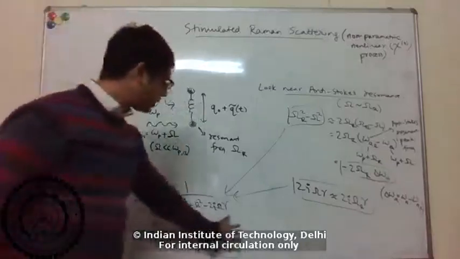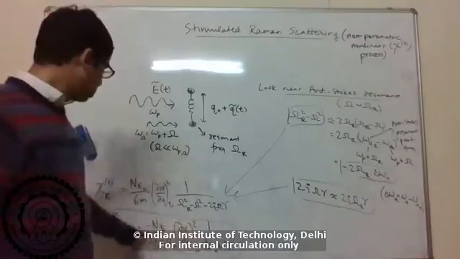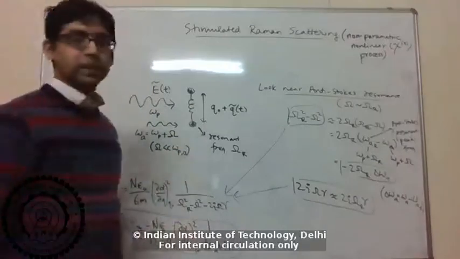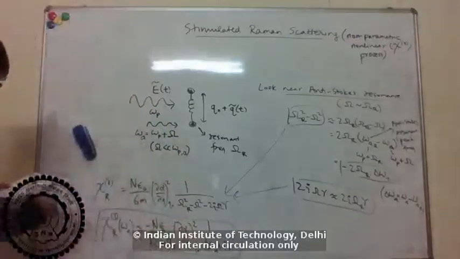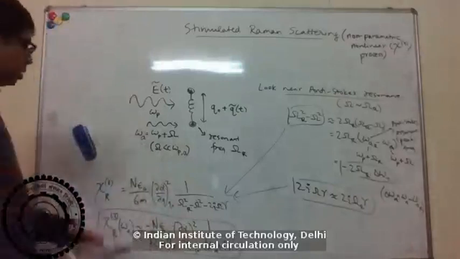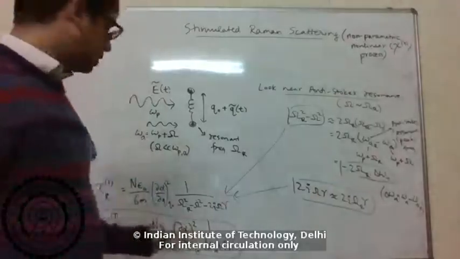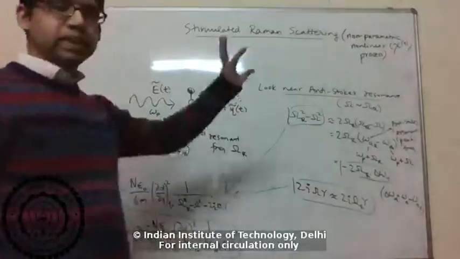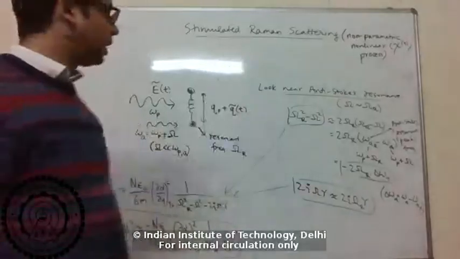But the rest of the expression is exactly the same as for the Stokes. Just there is a minus sign. So when you take the real and imaginary parts, basically there's just a sign flip, right?